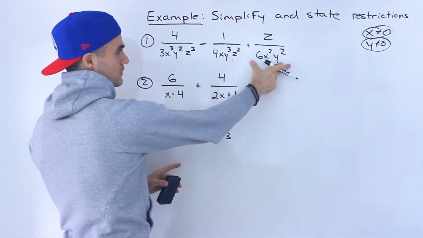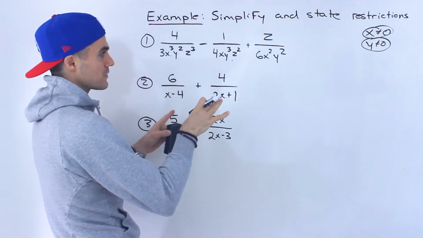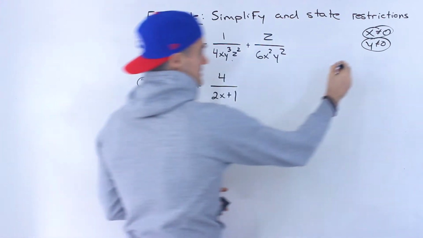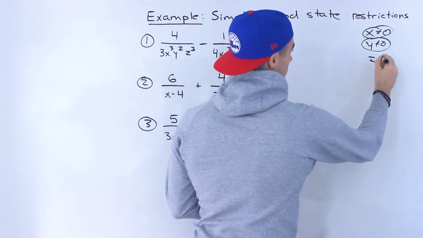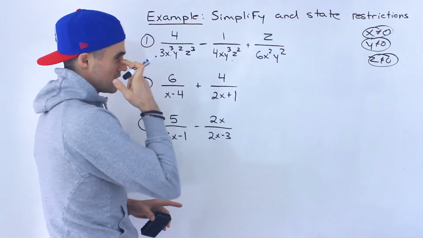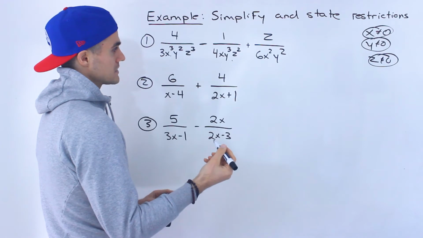There's no z in this denominator, but it doesn't matter. As long as one of the denominators has that expression, it counts as a restriction. So z cannot equal 0. Those are the three restrictions in this case. And now we can simplify.